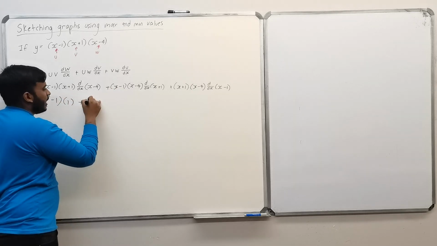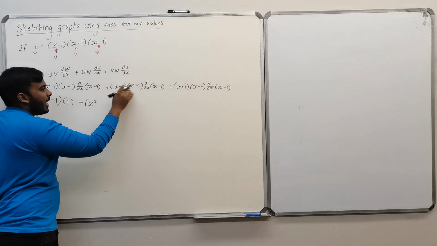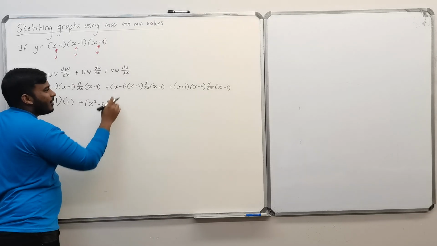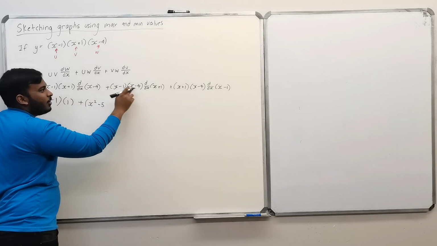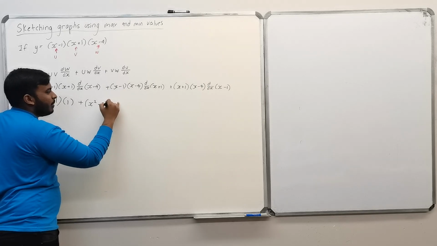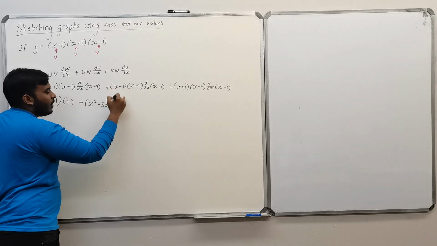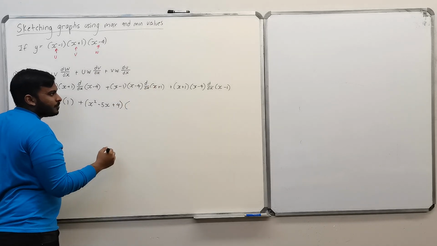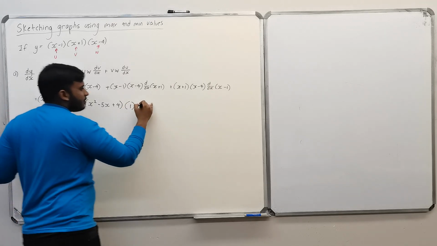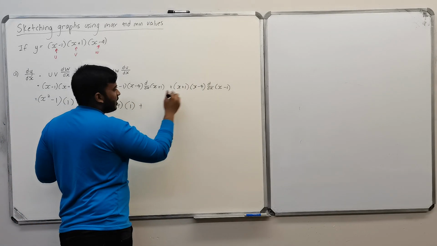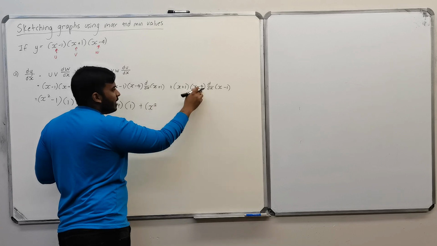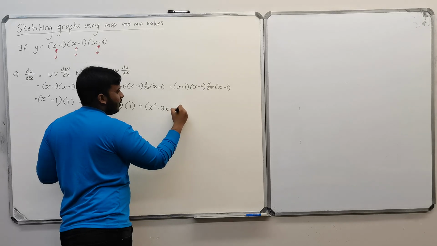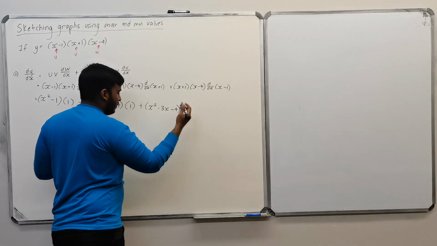Plus this here would become x squared minus 4x minus 1x, so you'll end up with minus 5x, and 4 and 1 would make it positive 4. Derivative of x plus 1 is 1. Plus x times x is x squared, minus 4x plus 1x, and then you end up with the derivative of this, 1.